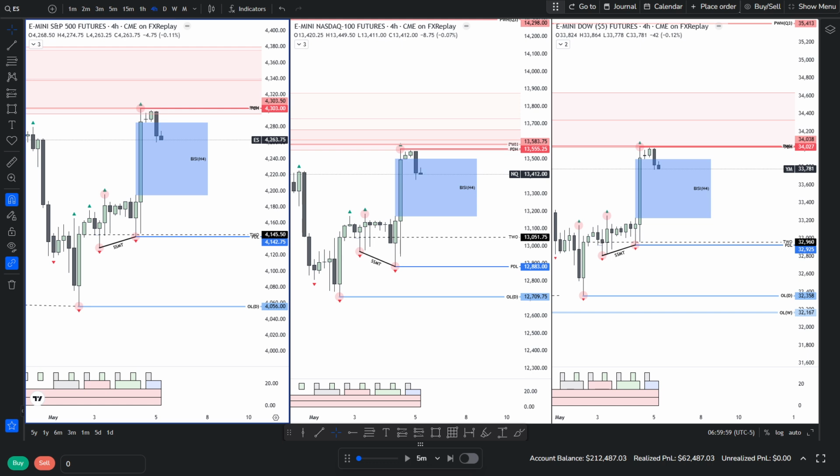So I've noted the clean and clear swing points referencing the previous day's high and previous day's low, where near-term liquidity would reside.